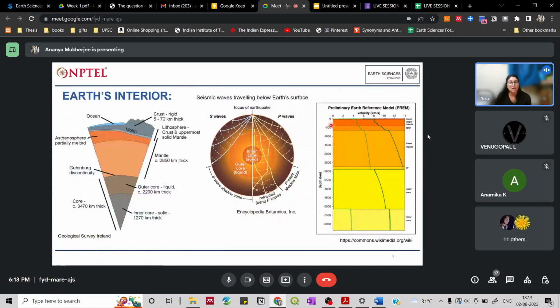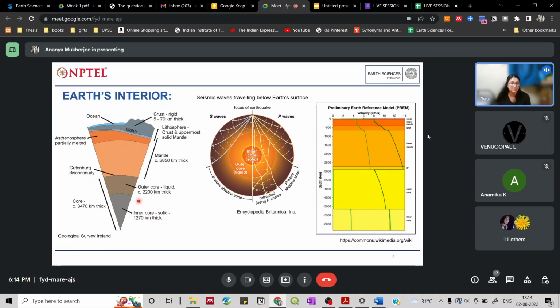So now we know the earth has formed, but when it had formed, it was just different components, material aggregated together. Now this material slowly consolidated, and the cooling started. With the cooling, different layers have formed.